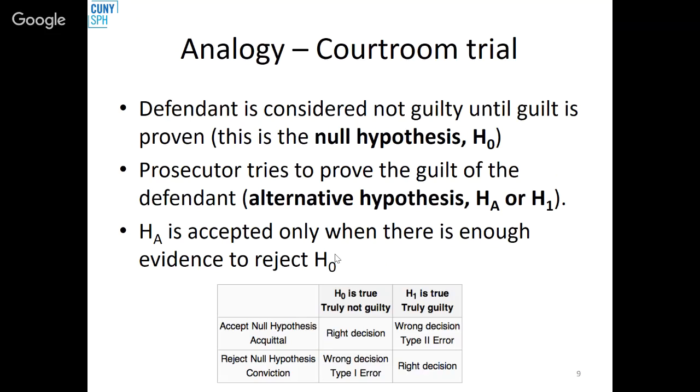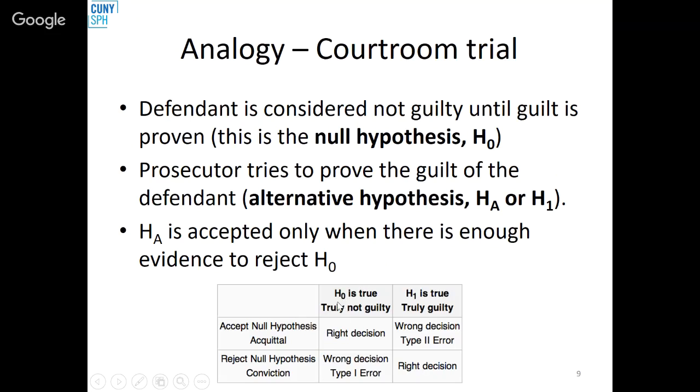So in the case of the, well, I'm not going to go back to the cookie jar because it's kind of different from this example. But in the courtroom trial, I can also introduce here, so there are two different right decisions.